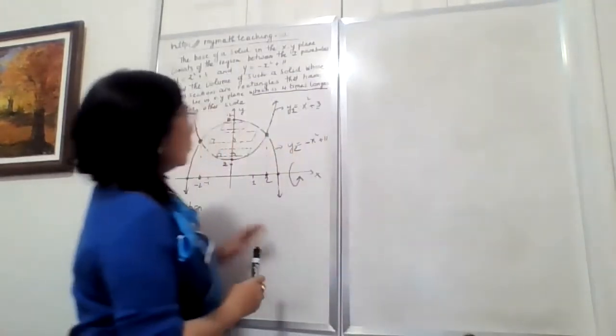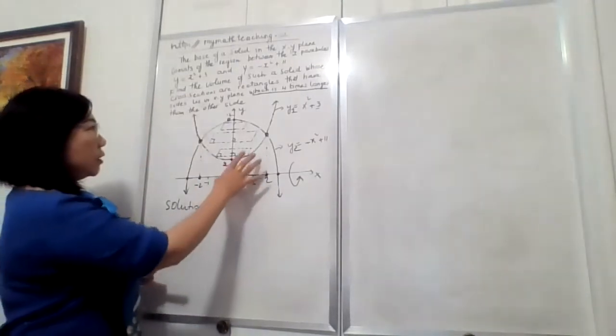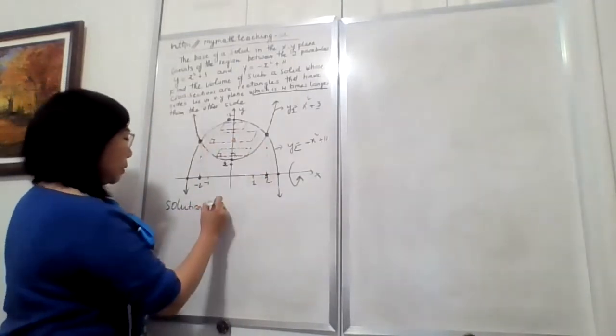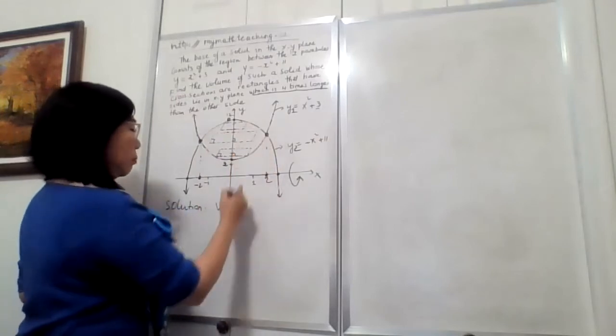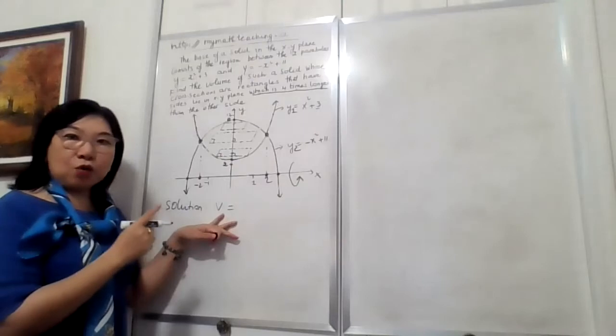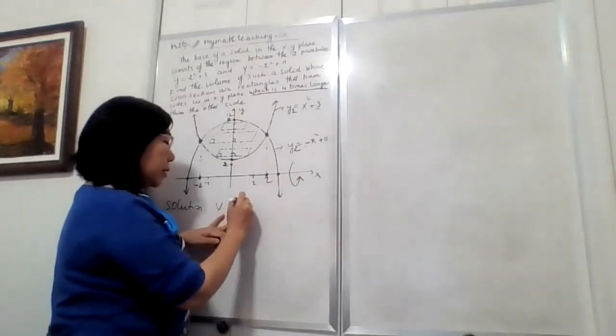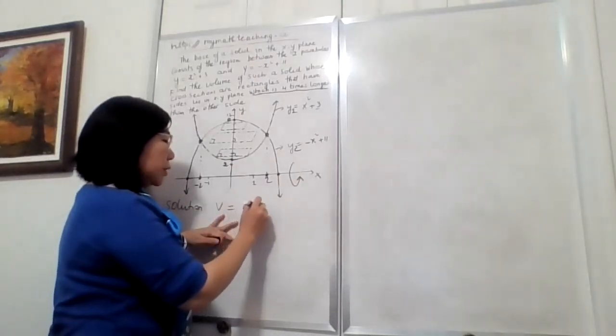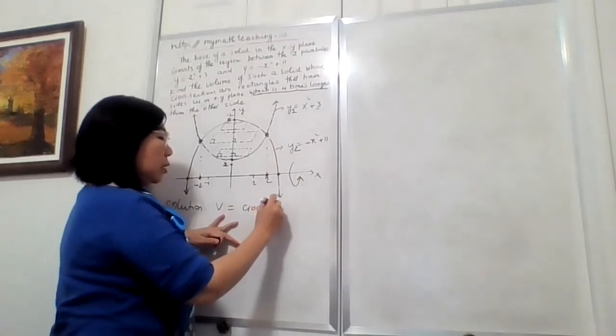So the first solution, I think we're going to talk about the volume, right? We're going to find the volume. And the general formula for the volume of any object is always volume equals the base area, which we call the cross-sectional area here, right?